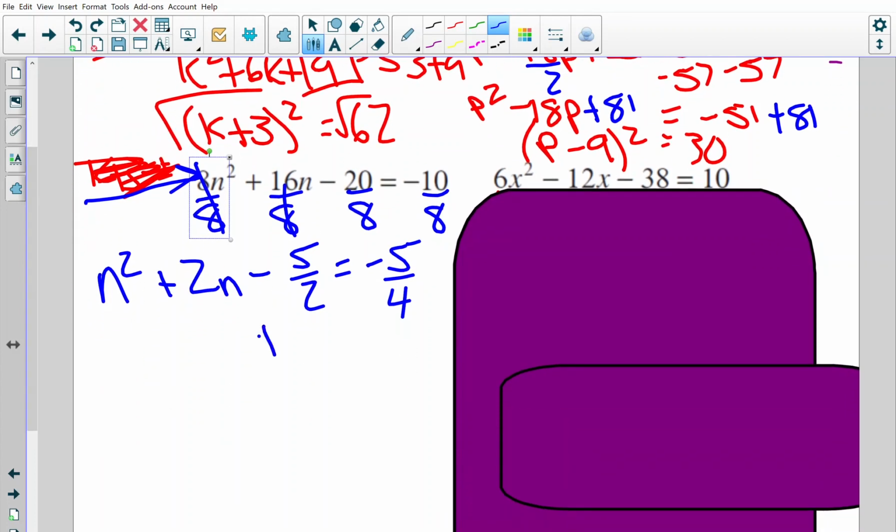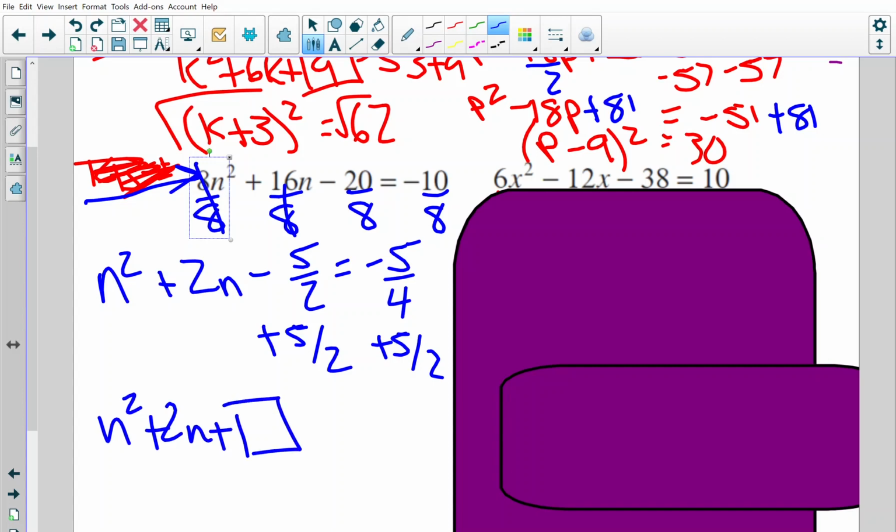I'm going to add 5 halves to both sides. Save room for my completing the square. What's negative 5 fourths plus 5 halves? Well, 5 halves is the same thing as 10 fourths, which is positive 5 fourths.